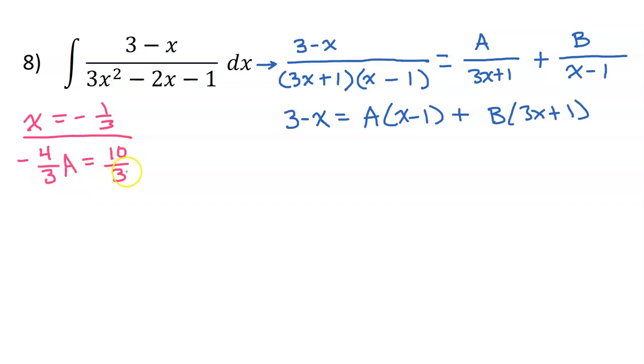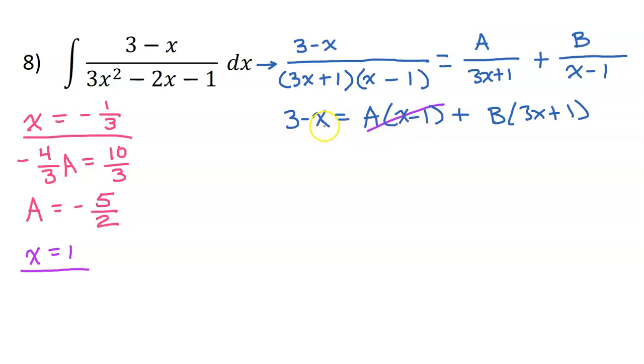In other words, -4 over 3a is equal to 10 over 3. Multiplying both sides by 3 cancels out the 3. And then if you divide both sides by -4, you get a is equal to 10 over -4. But this reduces to -5 over 2. If we let x equal 1, right here we have 1 minus 1, which is 0. So this term is canceled out.